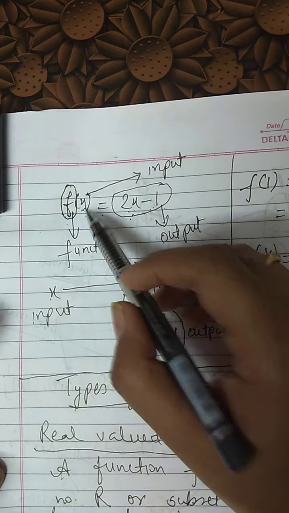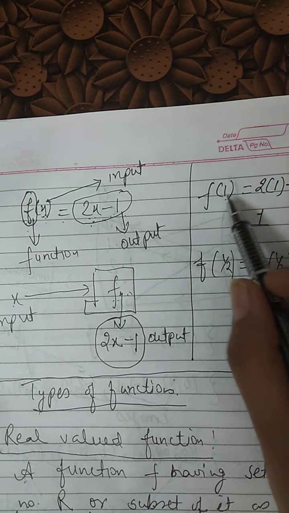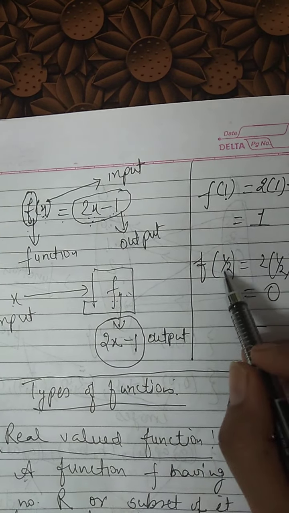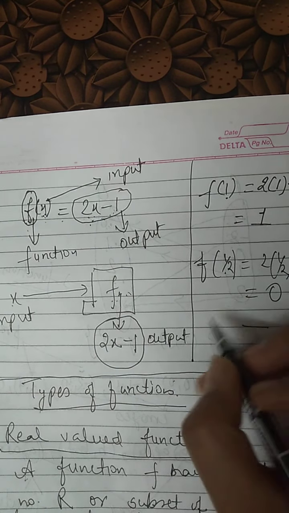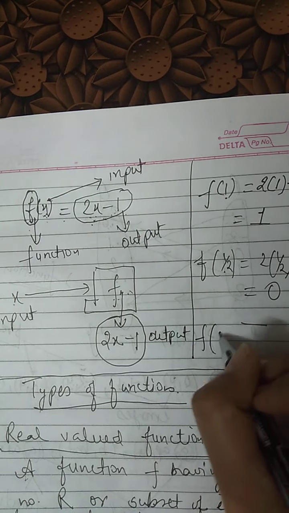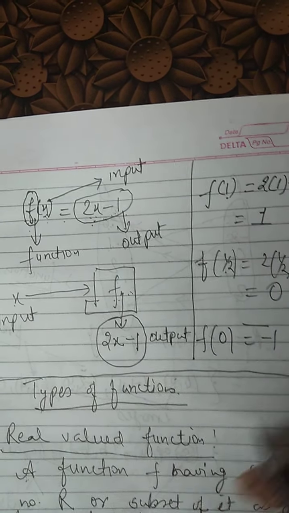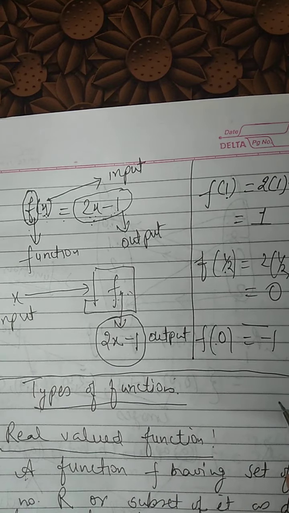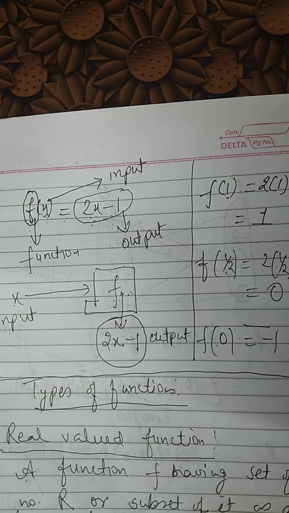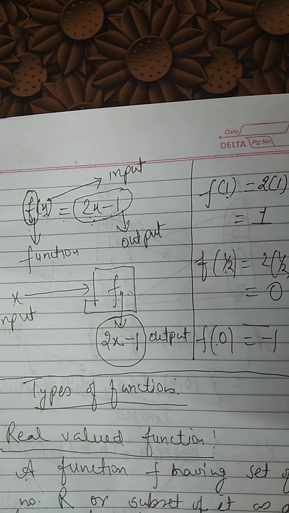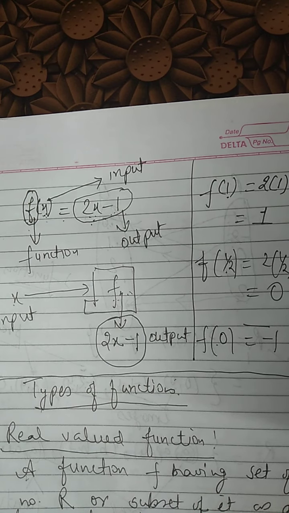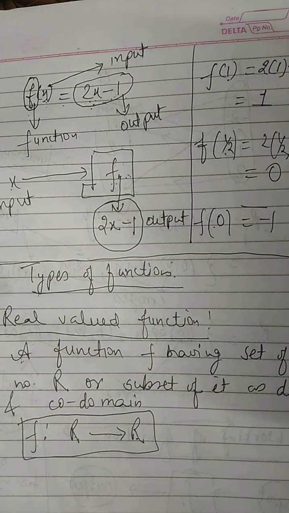If I look at this function, in the example I have taken x as 1, and we know 1 is a real number, 1/2 is also a real number. If I find f of 0, that will also be a real number, 0 is a real number, minus 1 is also a real number, and so on. So every function that we work on is actually a real valued function only. This is nothing new.